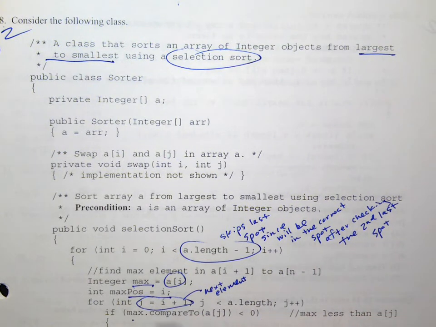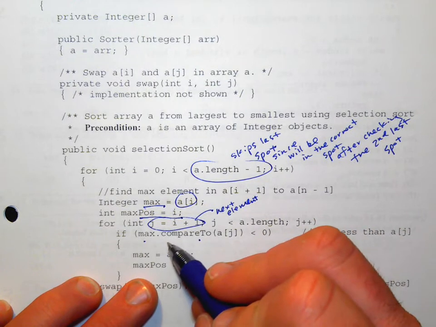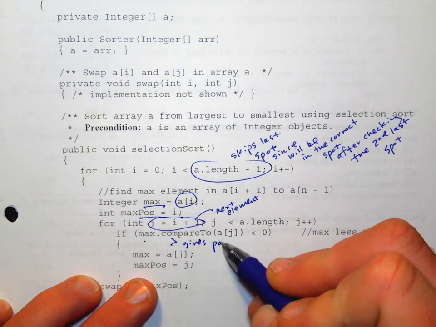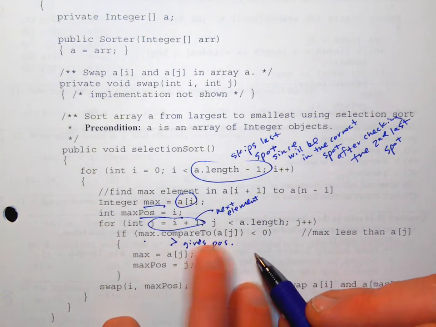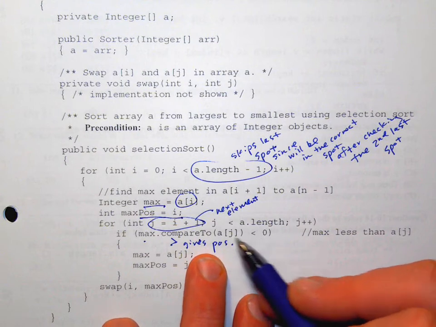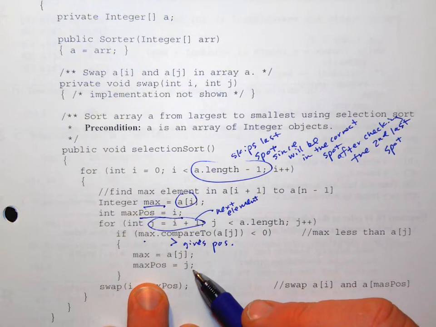Do max compareTo. Now these are objects, so we need a compareTo method rather than less than or greater than. So if max compareTo this is greater, then it gives a positive. If it's negative, that means we've found a new max, and we should store it and record its position.